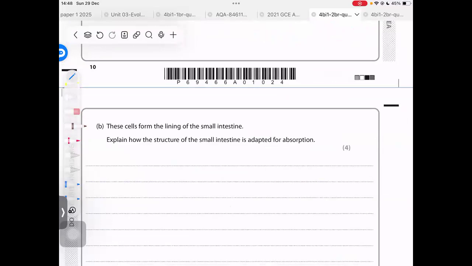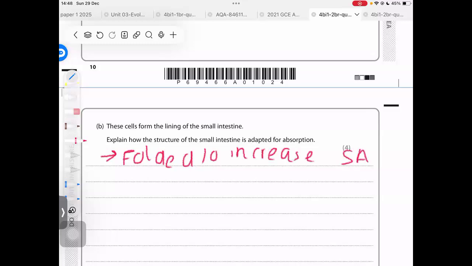The small intestine is folded like this. Why is that? That is to increase the surface area. It's folded to increase the surface area. Then you can say it contains many villi also.